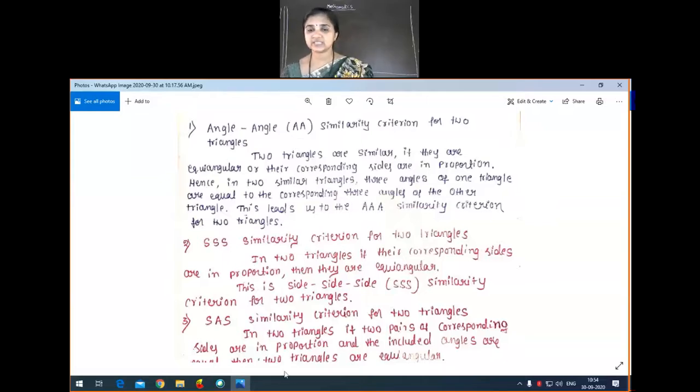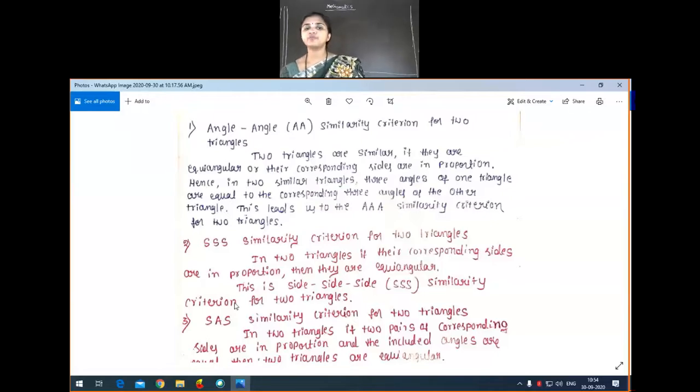But for this year, this SSS and SAS are excluded. That's why I showed the difference in blue ink pen and red ink pen. So this is for knowledge purposes. We have to understand what the criteria for similarity are.